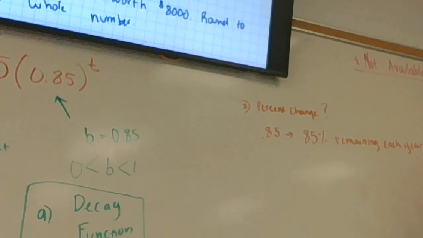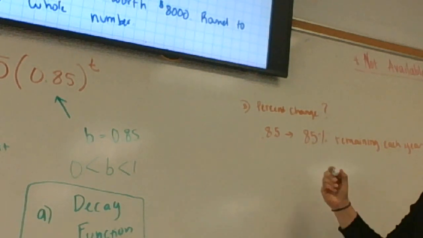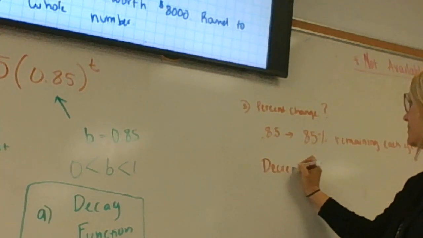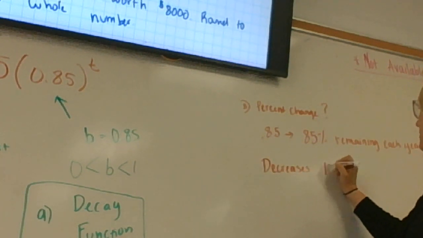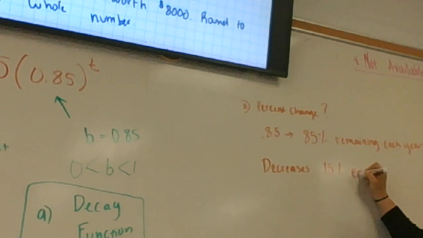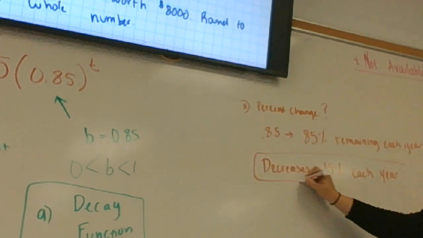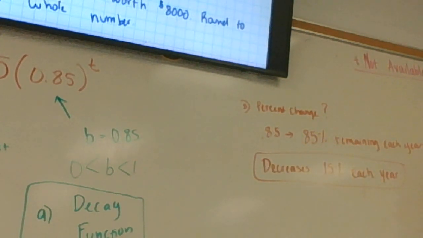If 85% is remaining, how much is it changing by? It's actually decreasing 15%. So this is the percent change. It's actually changing by 15%. I used to write 85 and get this wrong.